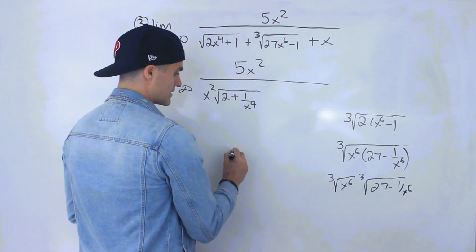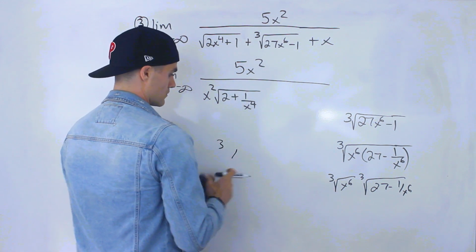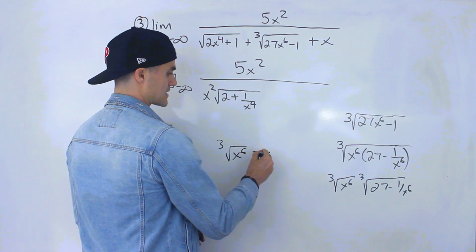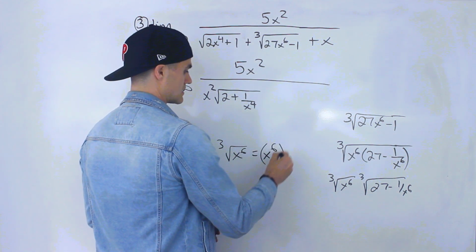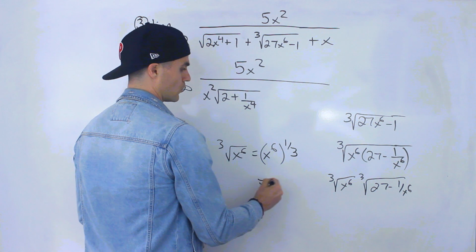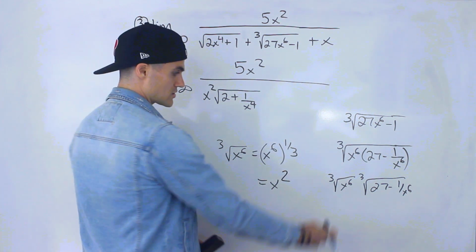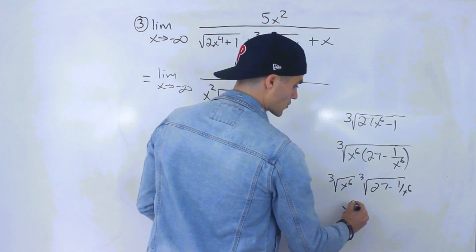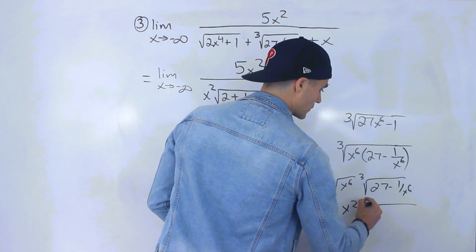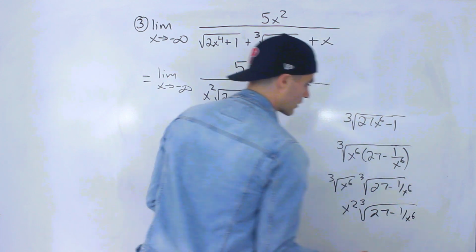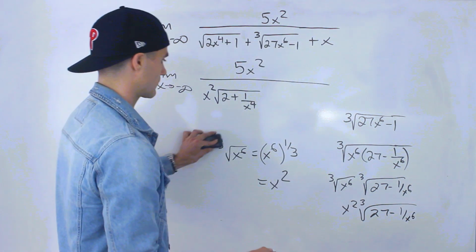And then this here, this third root of x to the 6, that's the same as x to the 6 to the power of 1 over 3, which is 6 times 1 over 3 is 2. Right? So this is the same thing as x squared. And then this here we would leave as the third root of 27 minus 1 over x to the 6.